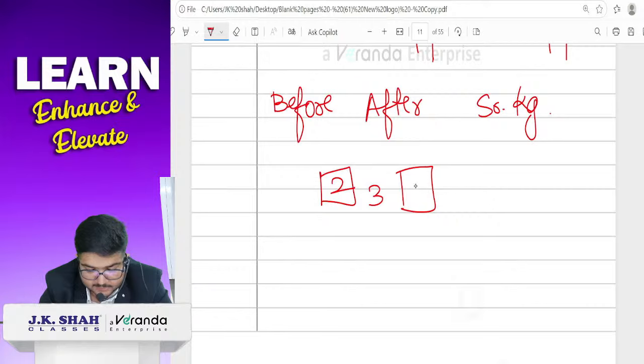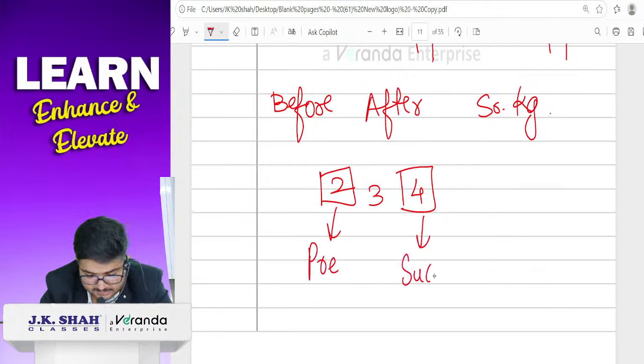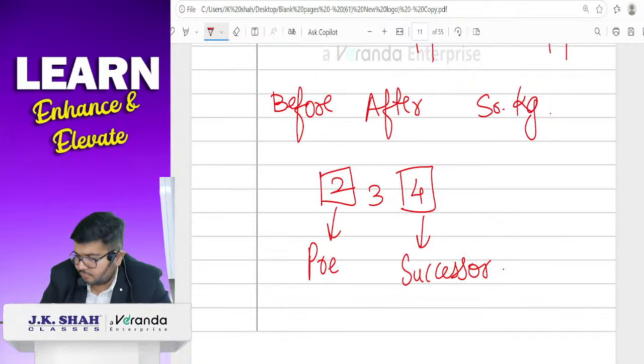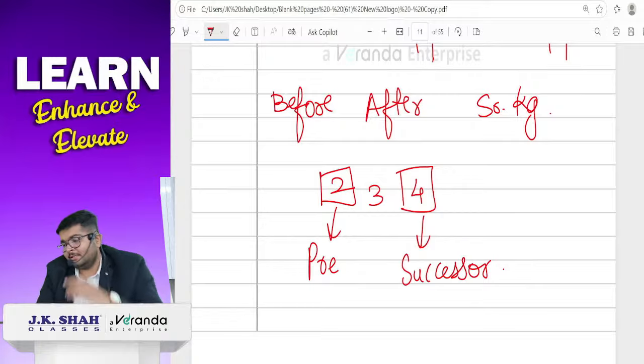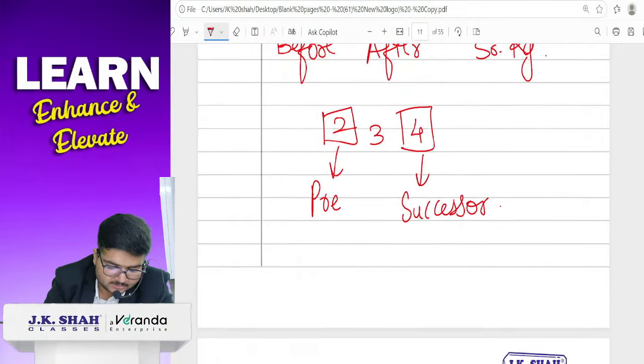Before is 2, after is 4. This is called predecessor, this is called successor, right? Predecessor is the number which comes before and the successor is the number which comes after the given number.